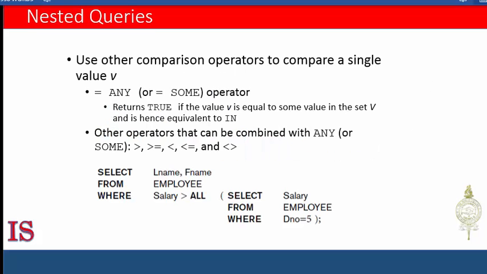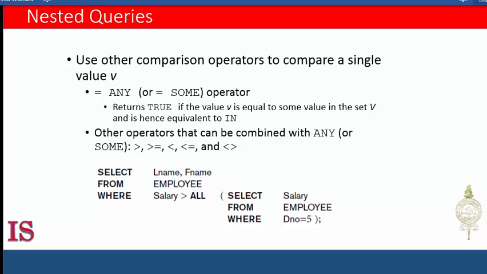In addition to the IN operator, a number of other comparison operators can be used to compare a single value, typically an attribute name, to a set or multiset, typically a nested query. The = ANY or = SOME operators return true if the value is equal to some value in the set and are therefore equivalent to IN.